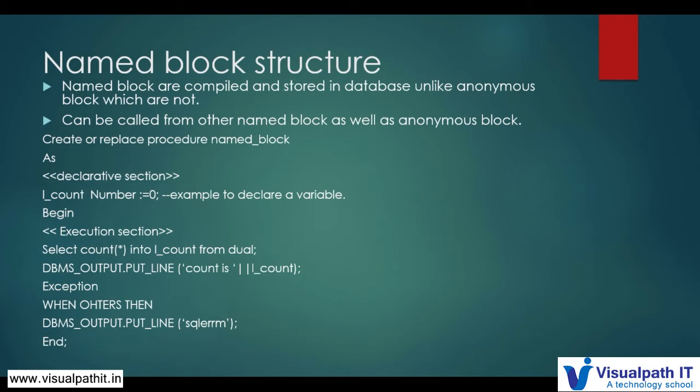Create or replace function would create a function. Create or replace trigger would create a trigger. So all these PL/SQL objects are pre-compiled and stored in the database, which you can repeatedly use again and again in some different block, or in some different package, or in some different function.